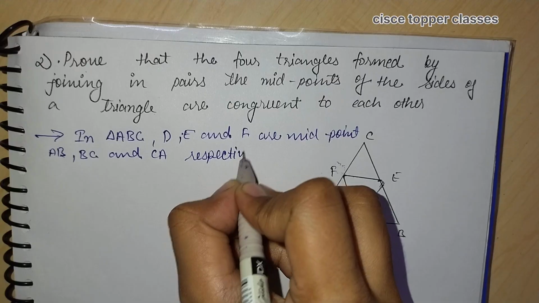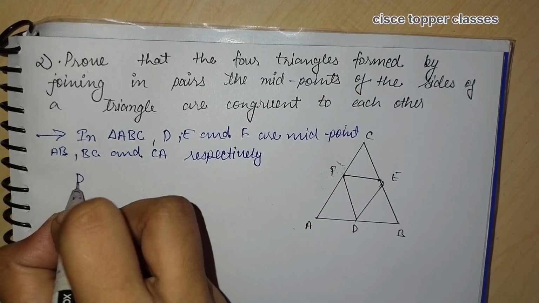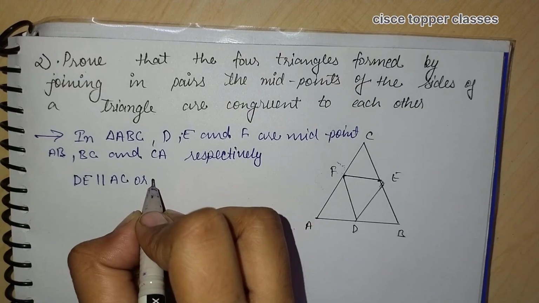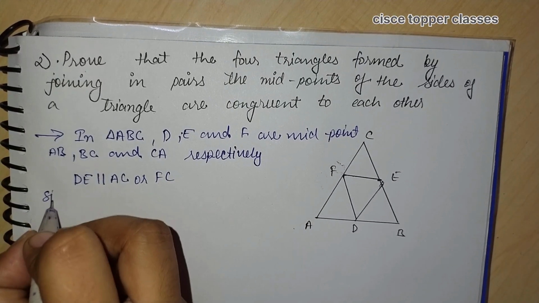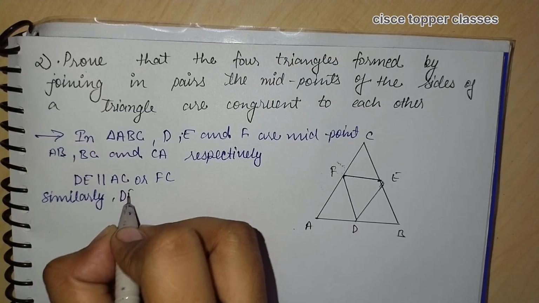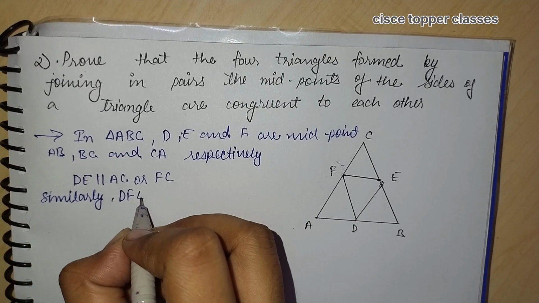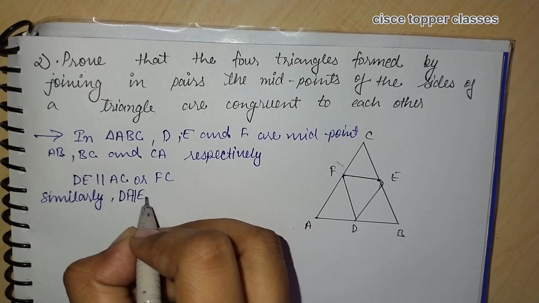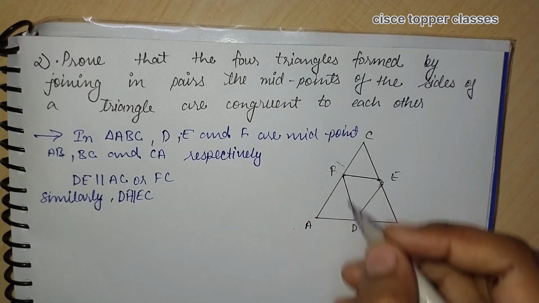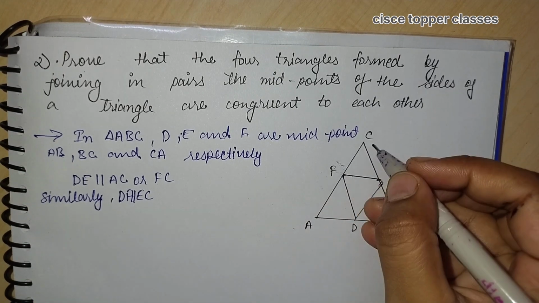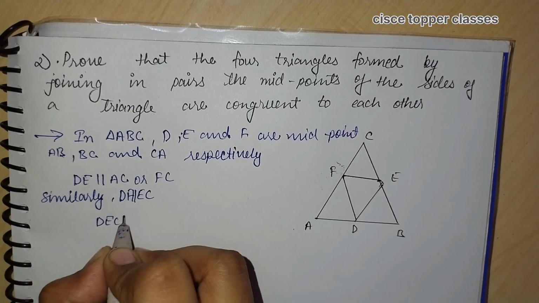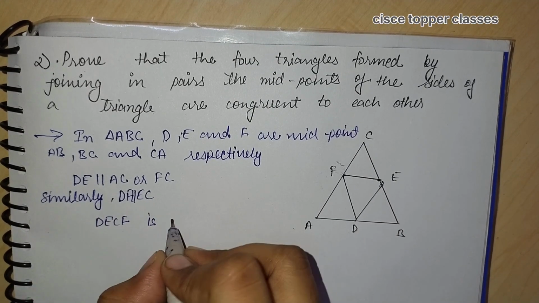So from here we can write DE is parallel to AC, or DE is parallel to FC. Similarly, DF is parallel to EC. So if two pairs of sides are parallel, DF is parallel to EC and FC is parallel to DE, we can say that DECF is a parallelogram.